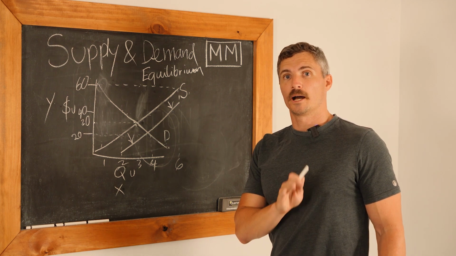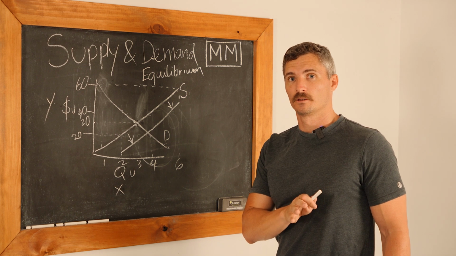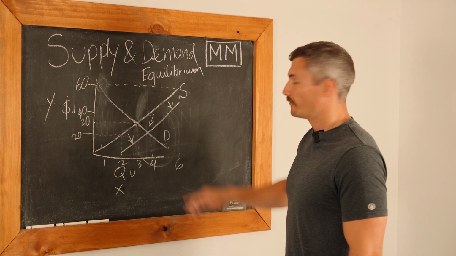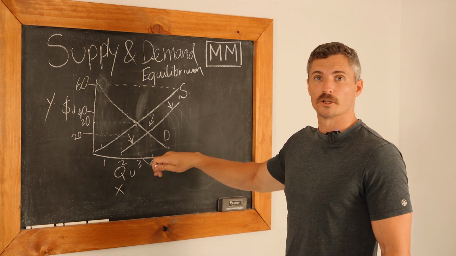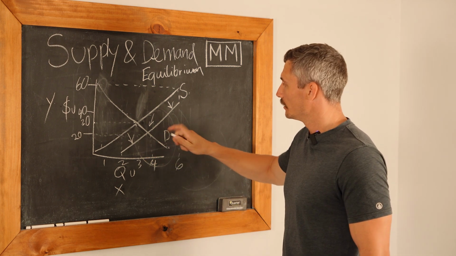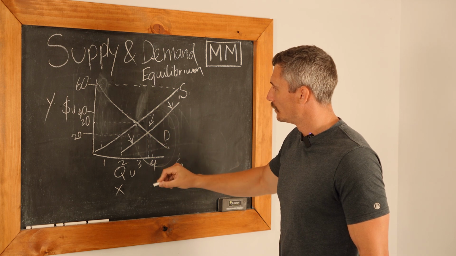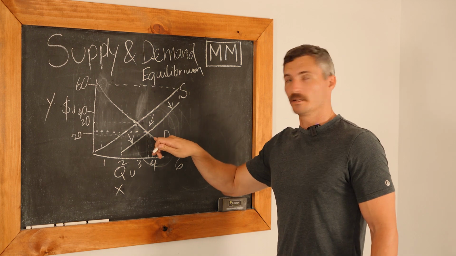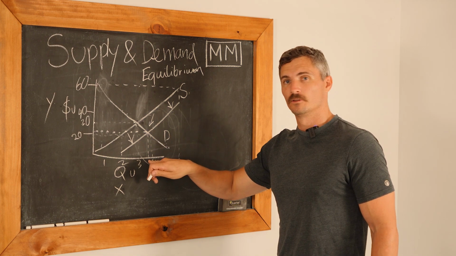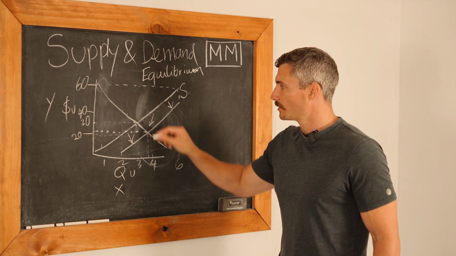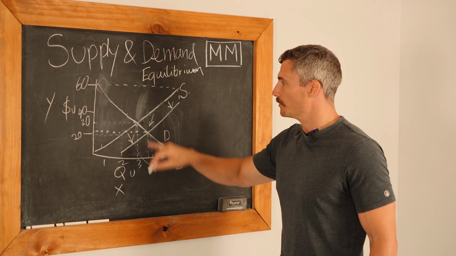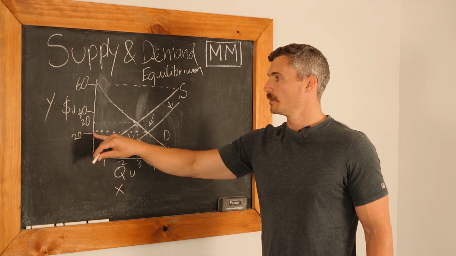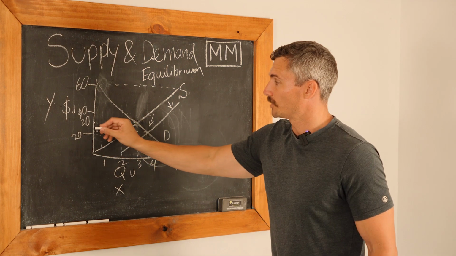If you want to take a look at our equilibrium point, and if I draw a line both vertically and horizontally from that equilibrium point, we can see that the amount able to be offered increases against our prior equilibrium point, and the price at which we're able to offer that increased supply has also reduced, essentially $20.